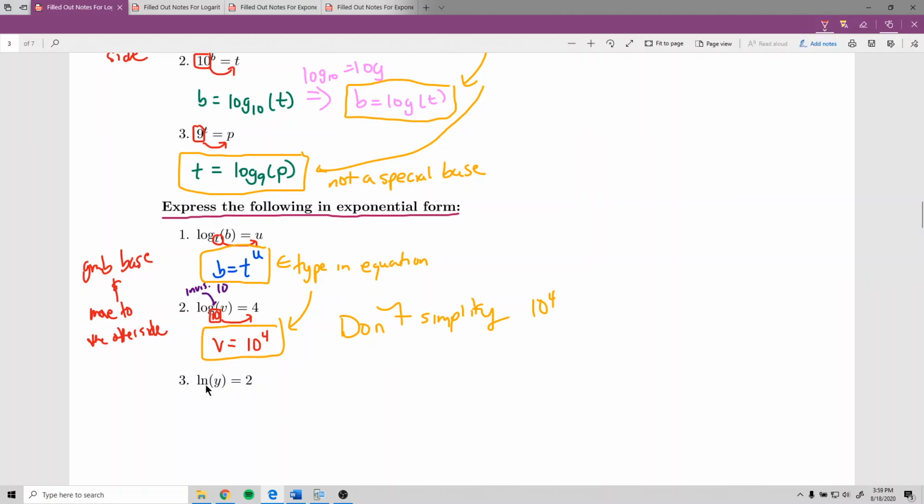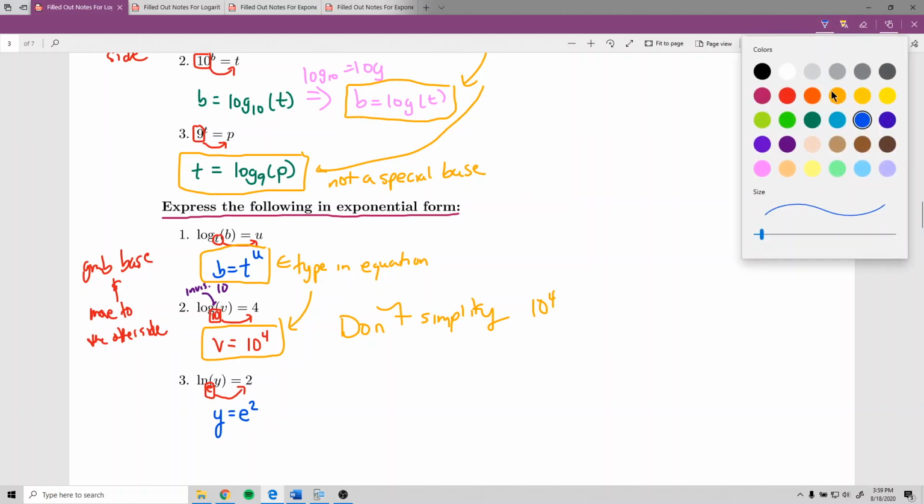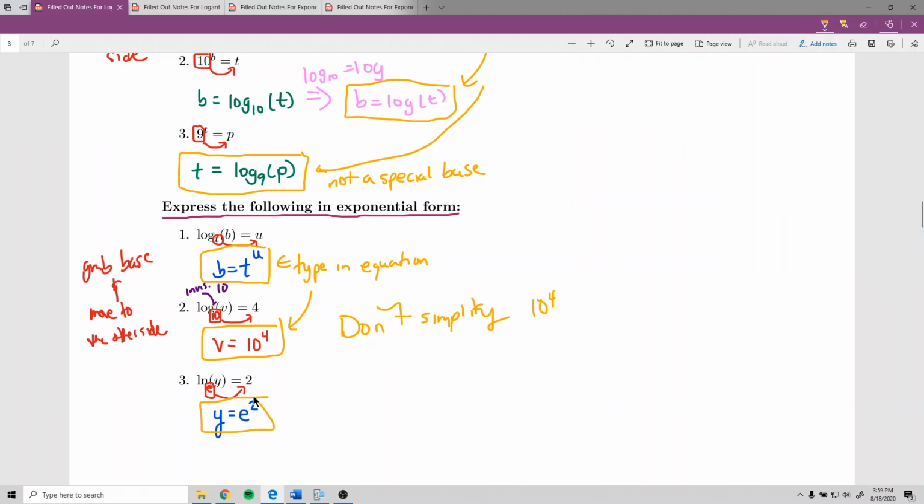And then the last one, ln of y equals 2. ln, that's our natural log, it has a base e. But we do the same thing. We take the base, move it to the other side, and we get y is what remains on the left. And on the right side, we get the base is e and the exponent is 2. And same thing as before, this is just a number, e to the second power, but don't simplify any of these.